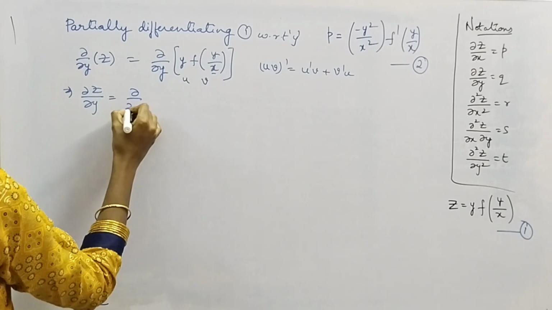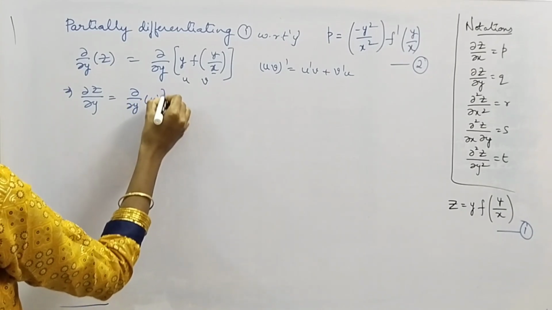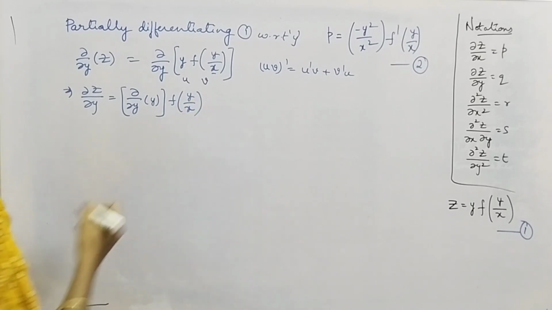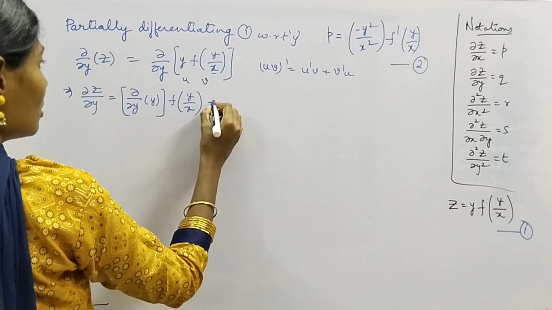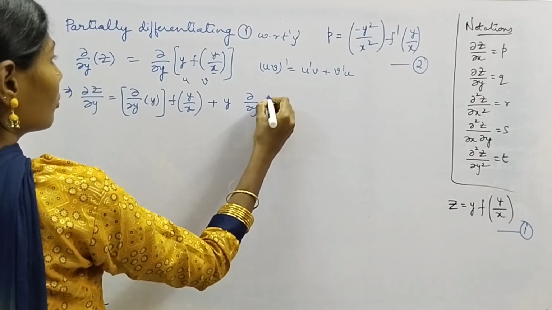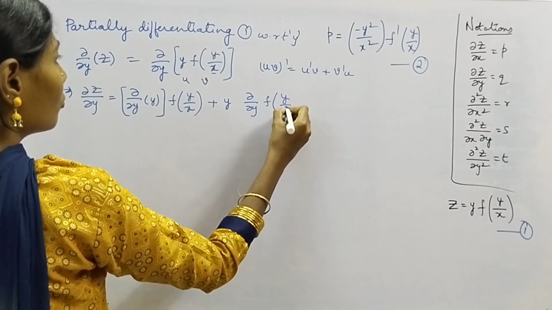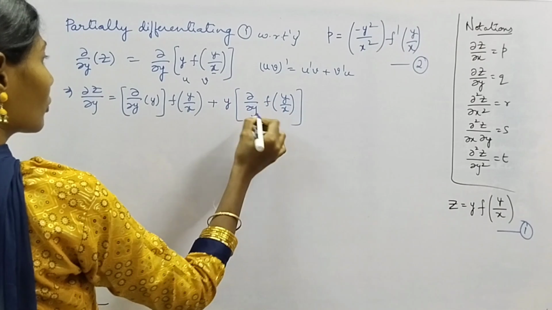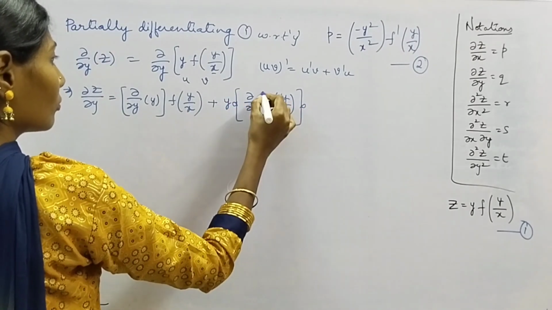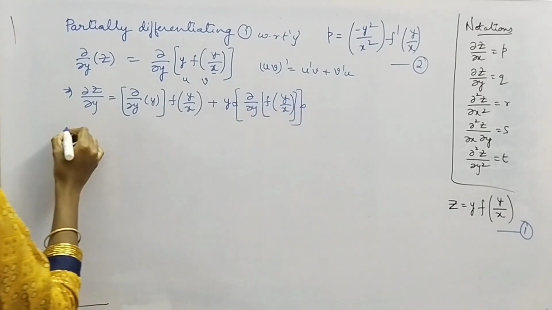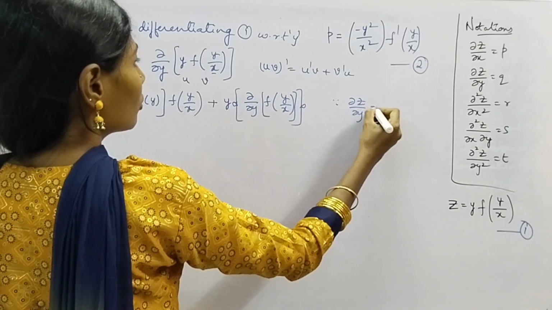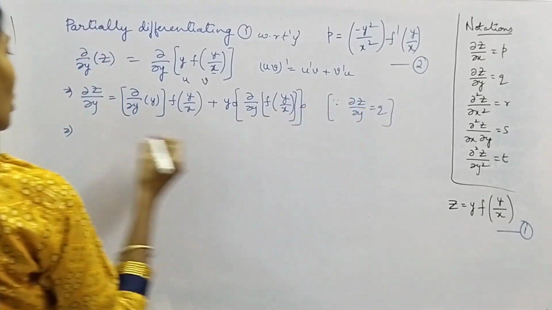This gives us dou by dou y of y into f of y by x plus y into dou by dou y of f of y by x. Okay, better.